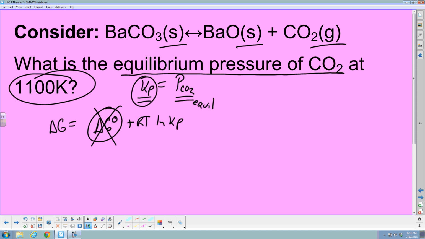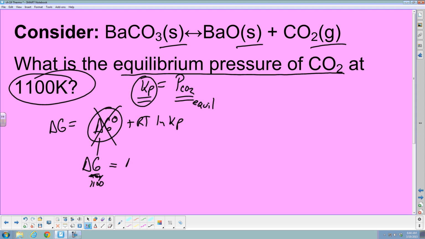So I have to go back to how do I calculate delta G for non-standard conditions. And you guys remember that? Non-standard temp.